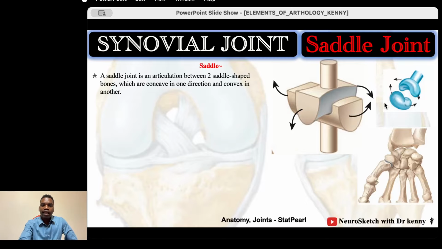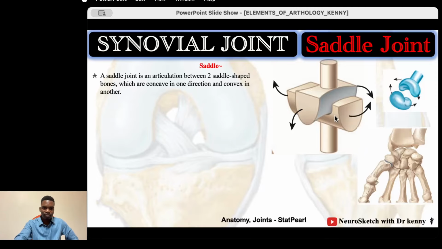All right, so as we have said, it's a joint between two saddle-shaped bones, which are concave in one direction and convex in another. As I've told you, this one is convex in this direction, concave in this one. This bone, because this one is already concave in this direction, should be convex in this direction, but concave in that direction.